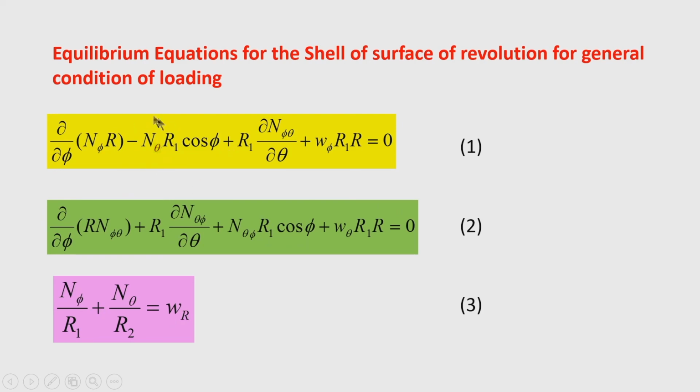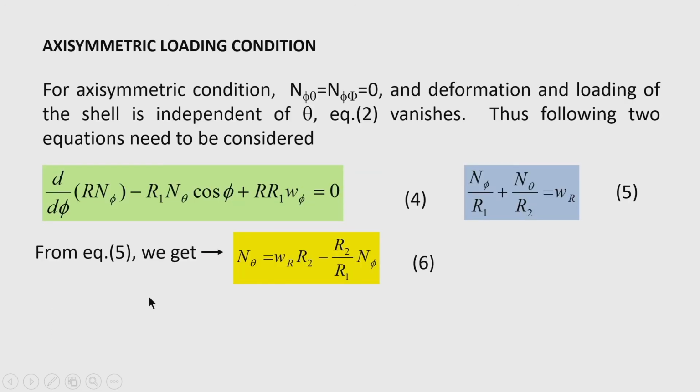From the first equation we can get this n phi, and once n phi is obtained, we can get n theta from that equation. Okay. So, we have only two equations of equilibrium in case of axisymmetrical condition, and from this equation, that is equation number 5 here, we can get n theta equal to W r into r 2 minus r 2 by r 1 into n phi.